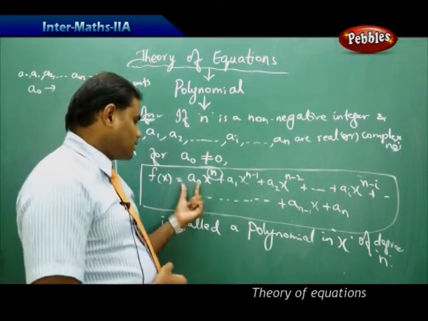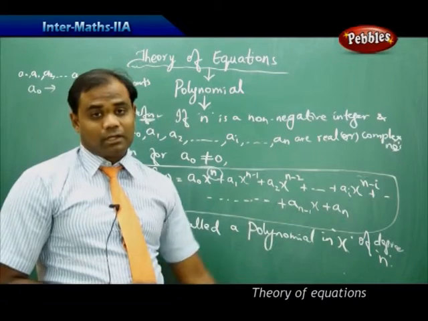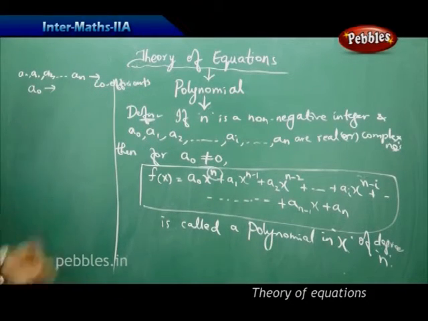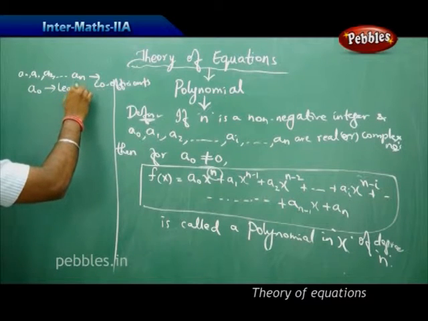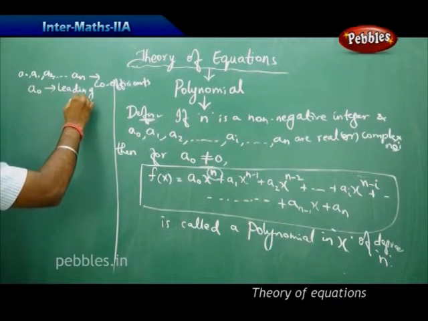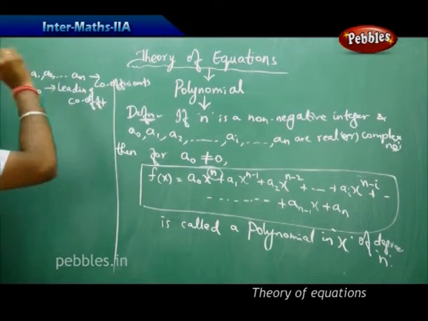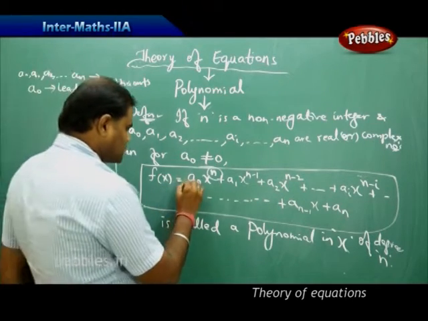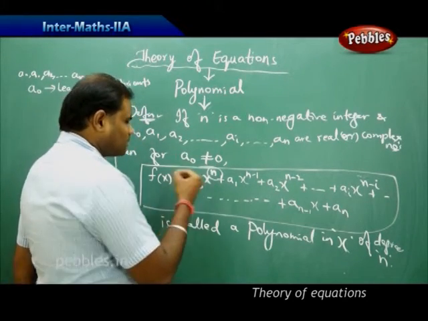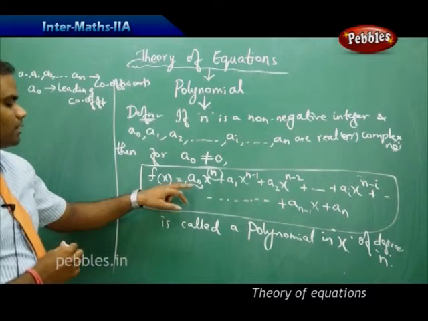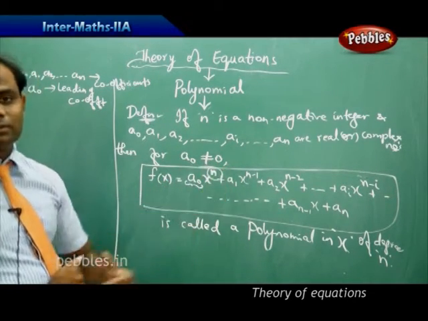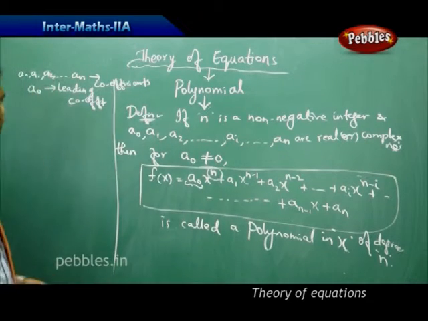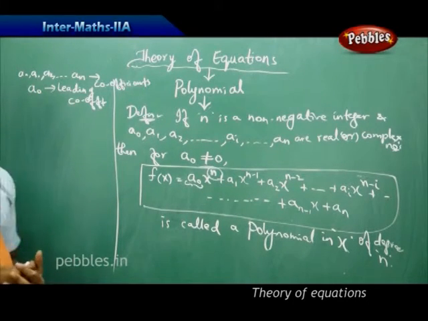The constants a0, a1, a2 till an are called coefficients of the polynomial, and a0 is given the special name leading coefficient. This has a very vital role to play, because a0, the leading coefficient, is never 0.